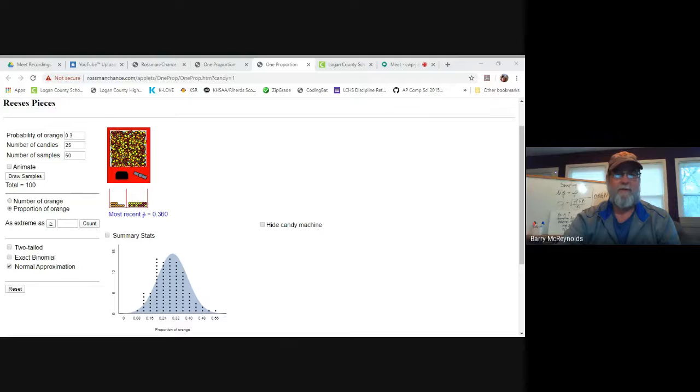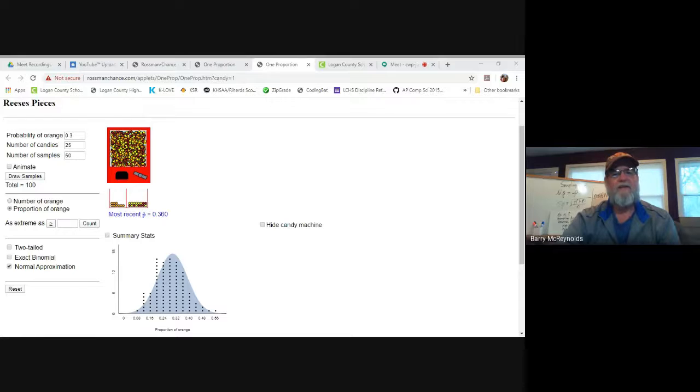We'll use 0.09. And if you calculate 2 standard deviations away from that, that would be 0.3 minus 2 times 0.09 is 0.12, and 0.3 plus 2 times 0.09 would be 0.48.